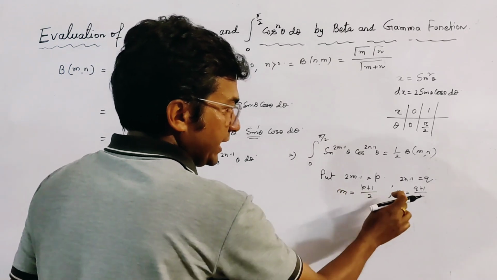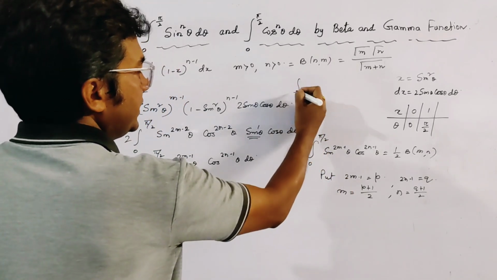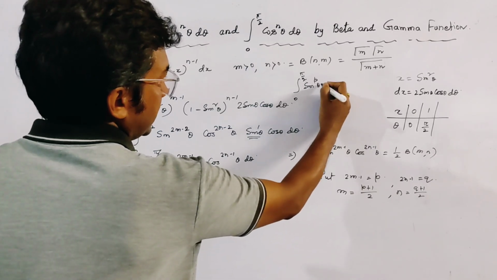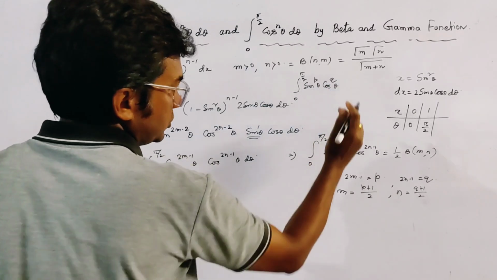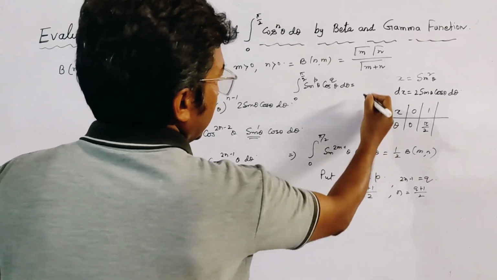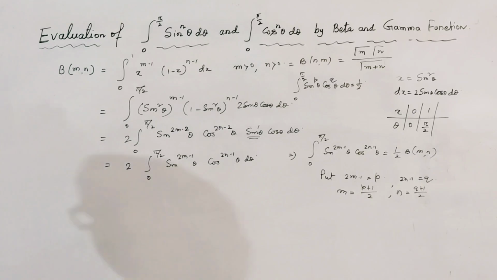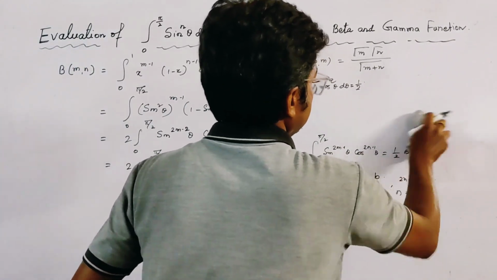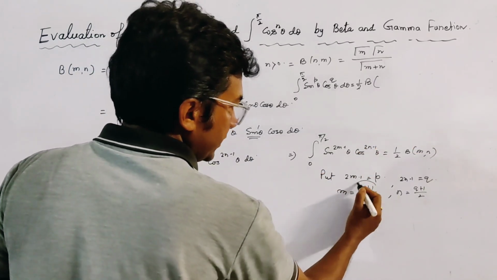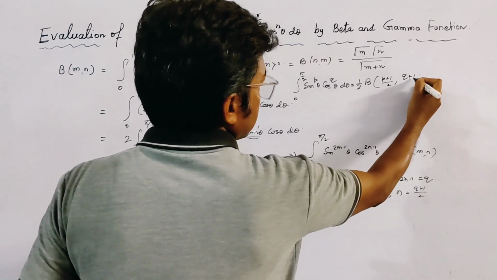Now putting the values of m and n here, we get the result: the integral from 0 to π/2 of sin^p θ cos^q θ dθ is given by half times β, where in place of m we put (p+1)/2, so this is β((p+1)/2, (q+1)/2).